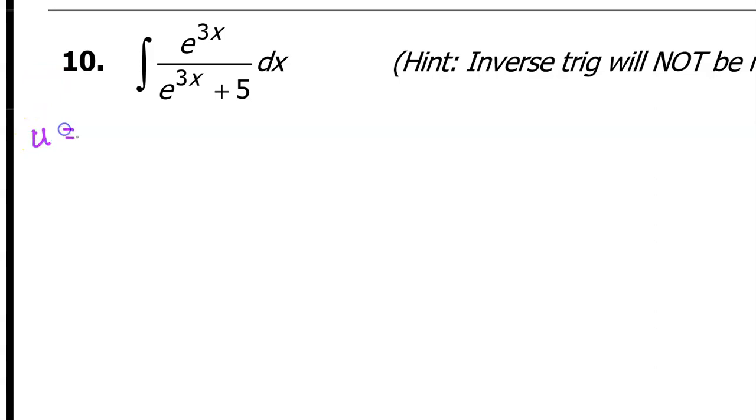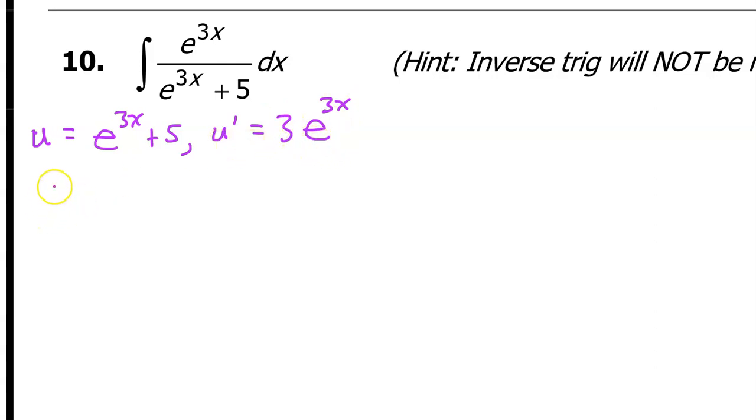So let u equal e to the 3x plus 5. In that case, u prime is going to equal, well, the derivative of e to the something is e to the something. However, the chain rule requires us to multiply by the derivative of 3x. So I'm going to multiply by 3. This is my u prime.